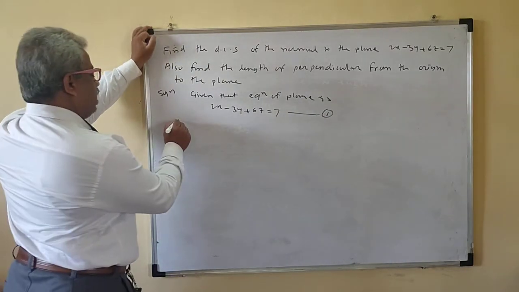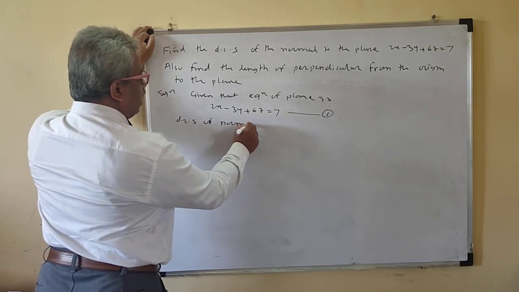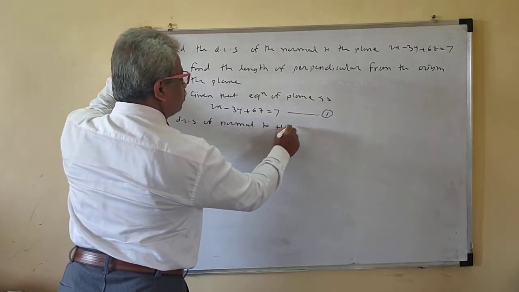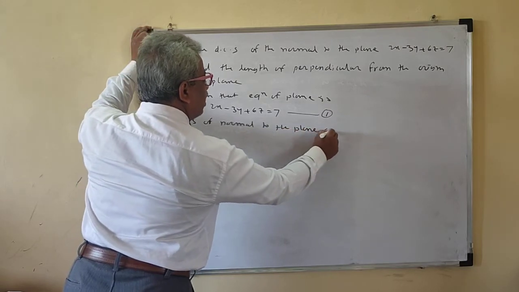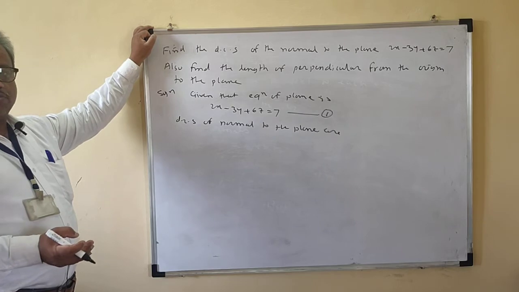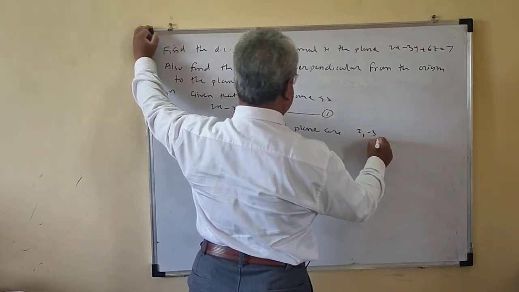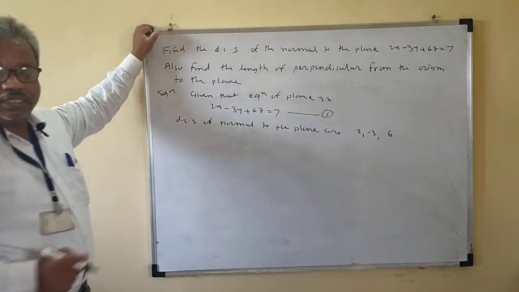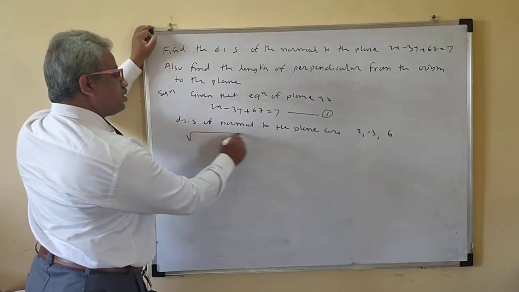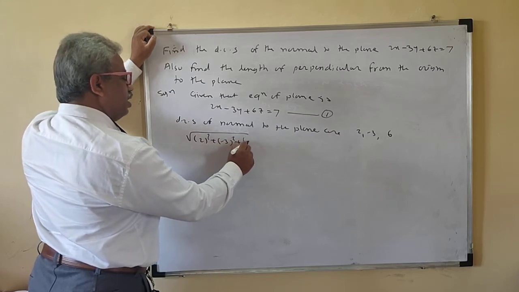So the DRs of the normal to the plane are the coefficients of x, y, z, so that is 2, minus 3, 6. We will find the sum of the squares of these: 2 square, minus 3 square, 6 square.